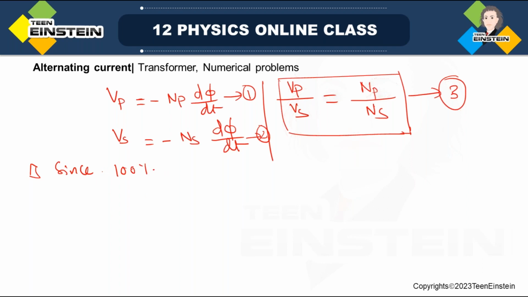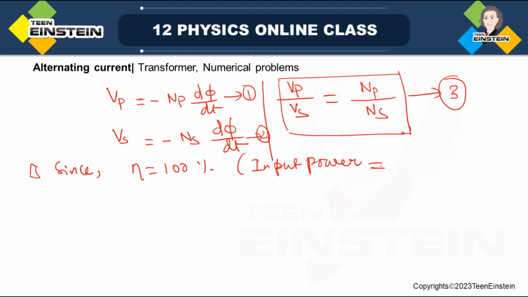Efficiency is denoted by eta. Since eta is 100%, input power is equal to output power.